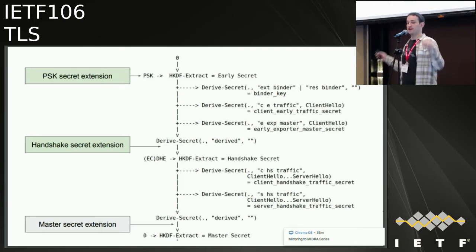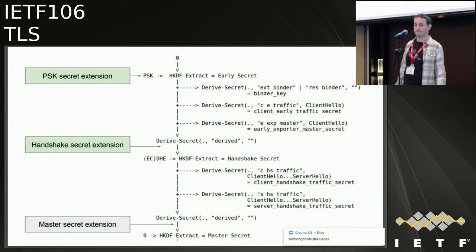So the zeros are actually non-trivial. The 2 zeros aren't the same, even though they look the same. The top 0 is a salt and actually just says, we assume that PSKs are uniformly random. I understand that point. I'm talking about the bottom 0. You're then using the HKDF as a dual PRF, and because you're injecting 2 secrets, you're assuming that both of them get the same property.